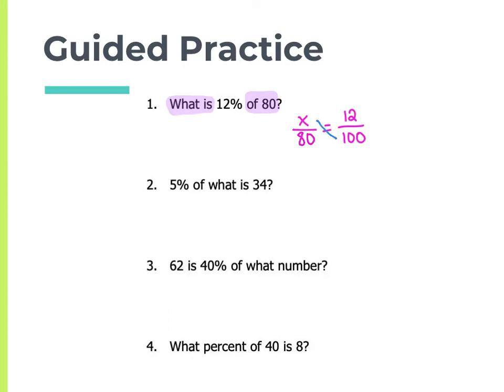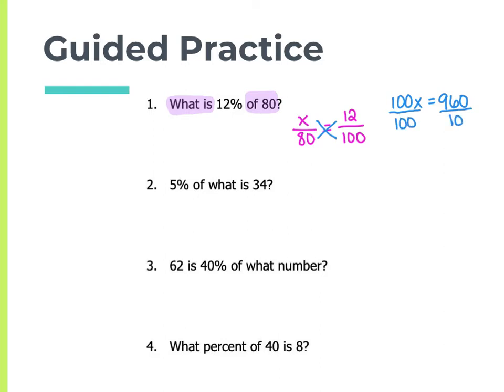We have 100 times x, and that equals 80 times 12. 80 times 12 is 960. So then we would need to divide on both sides to get x by itself.